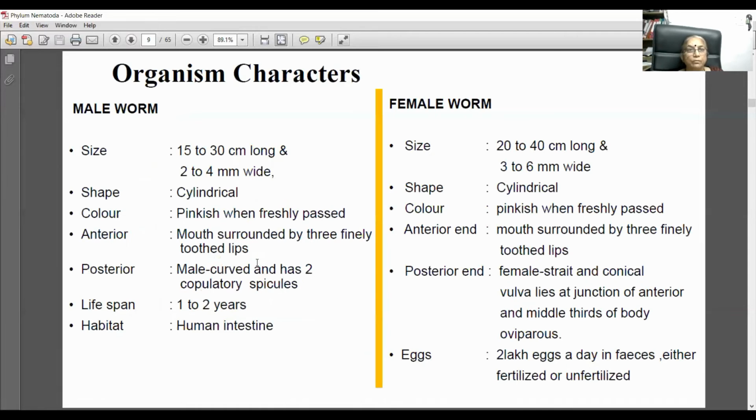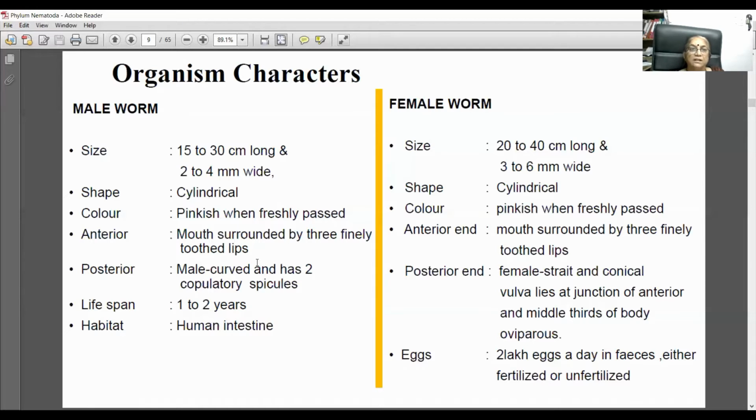Okay? Now let us study the characters of these organisms. As I already told you, nematodes are dioecious. Dioecious means the male worm is different and the female worm is different. Most of the characters may be the same, but yet distinguishing characters are present in these worms. First and foremost, the difference is in the length of the male and female worm.